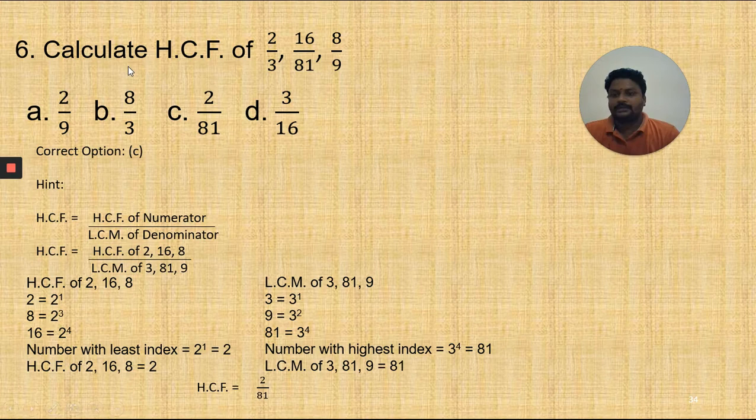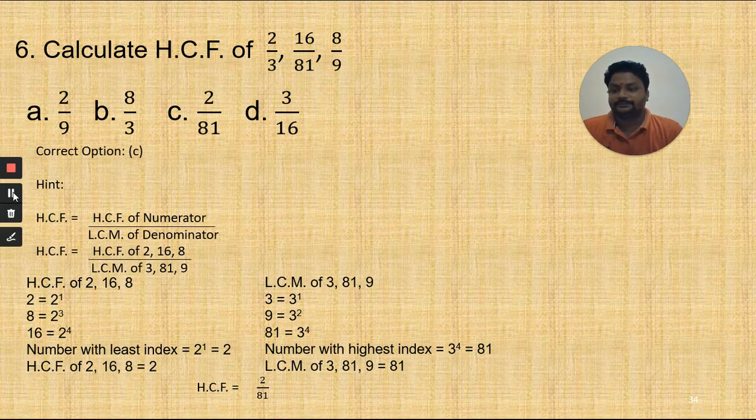Next, calculate the HCF of the fractions, giving four options to solve this problem. The HCF in fraction numbers: how to find the HCF using this formula? HCF of fractions is HCF of numerators divided by LCM of denominators. The LCM of the denominators 3, 8, 18, 9.